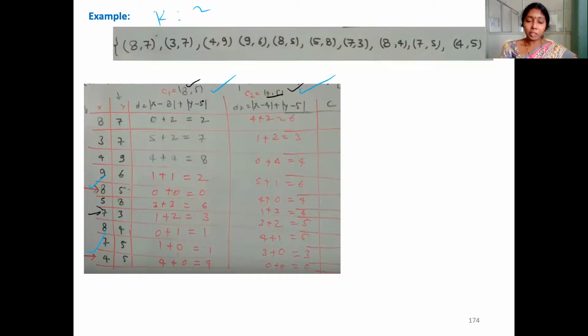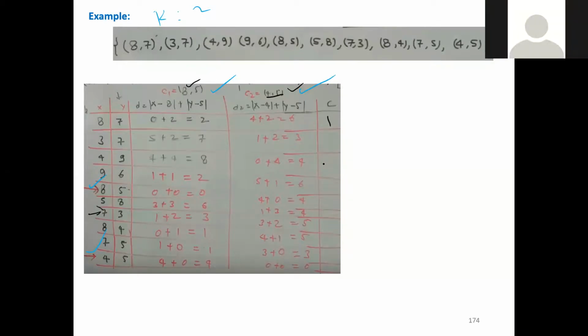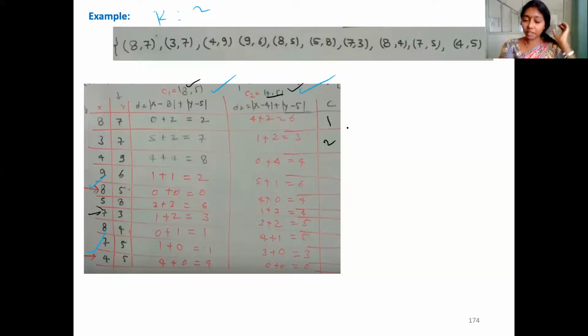Now from these distances, we need to decide which point belongs to which cluster. So just tell me, I will note it down here. This 8, 7 object, that means the first object, belongs to which cluster? Cluster 1, C1, ma'am. So here it belongs to cluster 1, and next C7. C2, ma'am. I need response from the remaining students also. Attendance చెప్పేటప్పుడు ఒకటే కాదు, క్లాస్ చెప్పేటప్పుడు కూడా రెస్పాండ్ అవ్వండి.